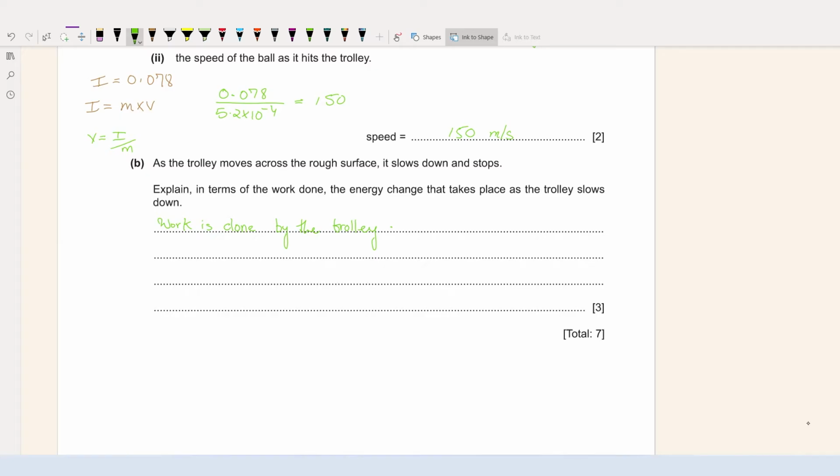The kinetic energy is converted into frictional energy, and some energy is lost through thermal energy.